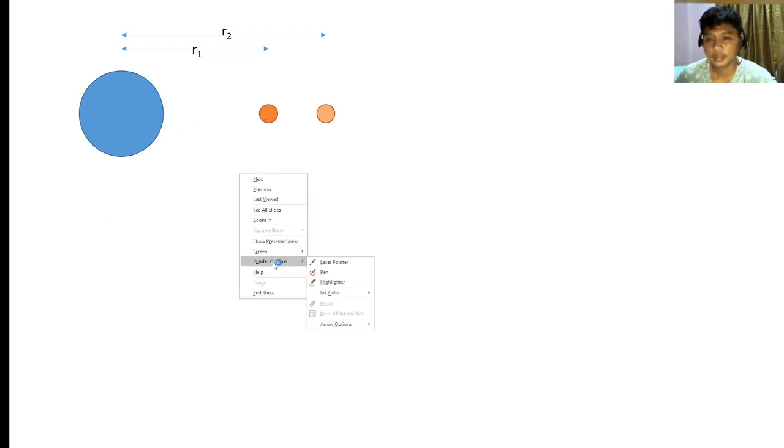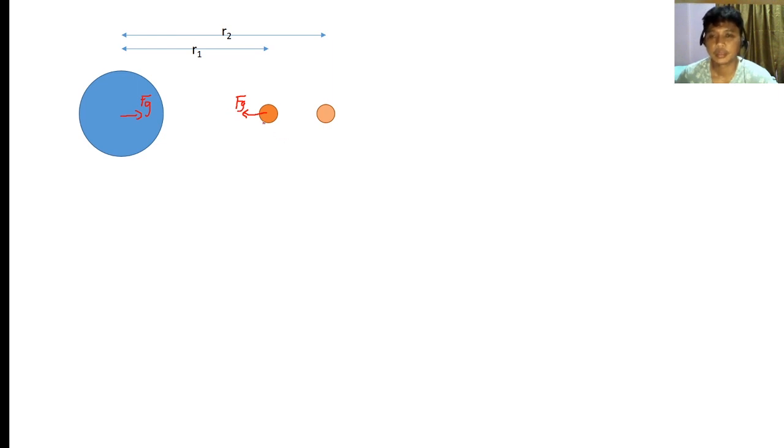But before that, I hope you remember that since these two objects have mass, they are attracted with a gravitational force. So how do I move the orange object from R1 to a new distance of R2? Because we want to have a change in UG.